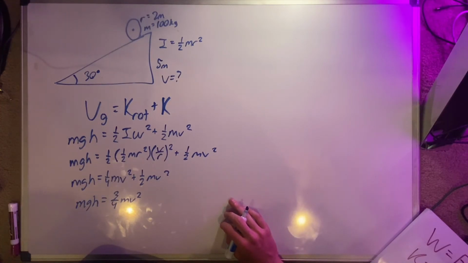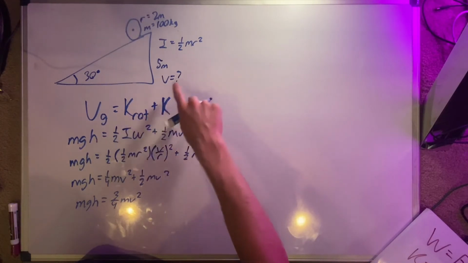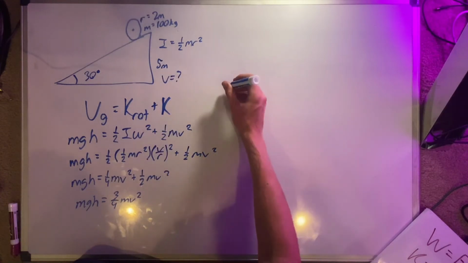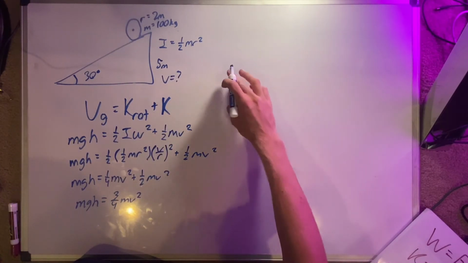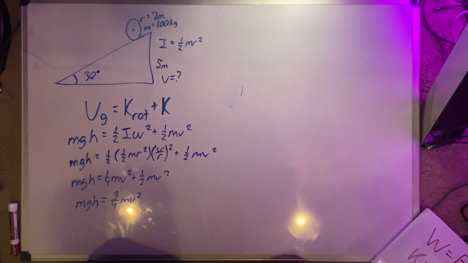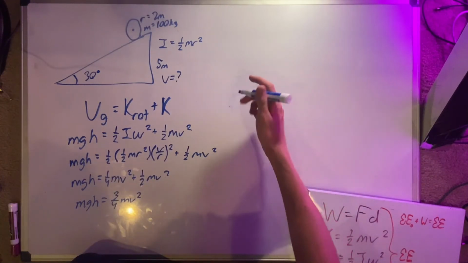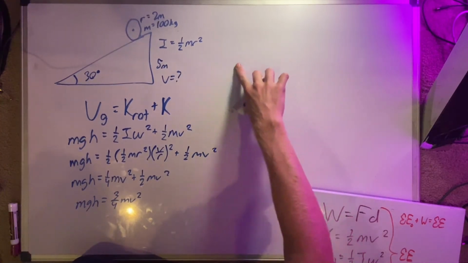You can say K rotational is equal to the constant attached to the I times K, which would mean that if that constant was 2/5, it would be 2/5 times 1/2 mr squared, or 2/5 times 1/2 mv squared, not mr squared. So then it would be 2/10, so 1/5 mv squared.